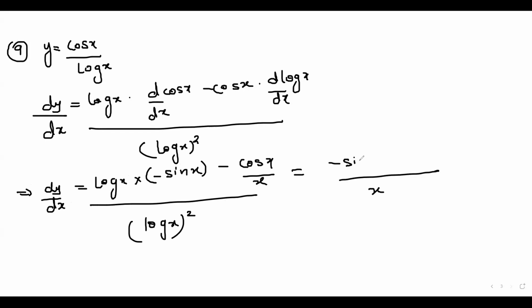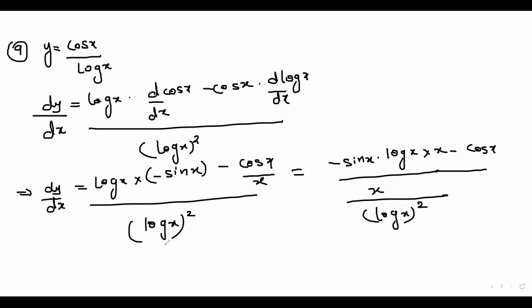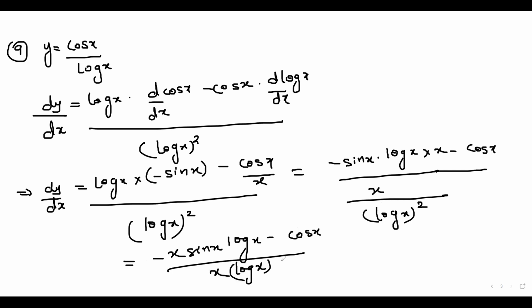So minus sin x into log x into x minus cos x by log of x whole square. And this can further be written like this: minus x sin x, this is the same thing, and minus cos x by x into log of x whole square. Okay, Nabil?